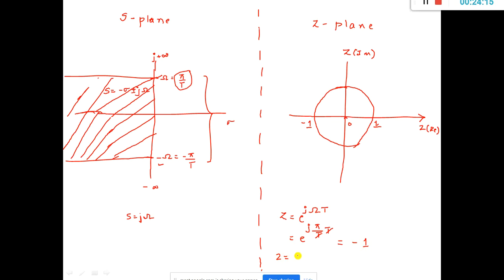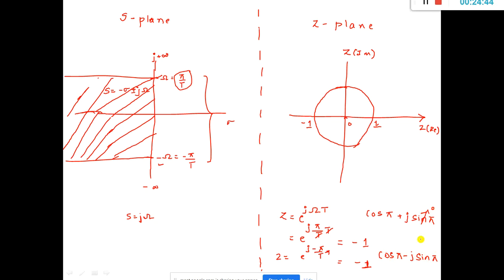What is the other value? e to the power of j minus pi. What is this value? Again it is also minus 1 itself, right? Because this is cos pi plus j sin pi, and this will give me cos pi minus j sin pi.